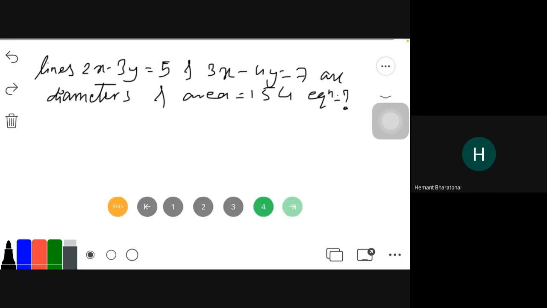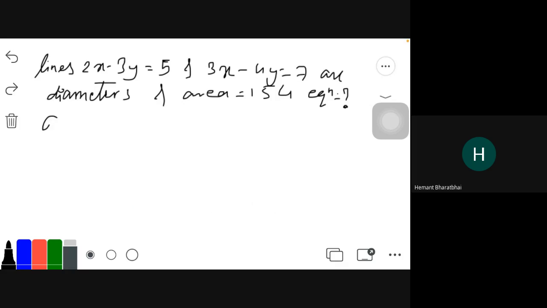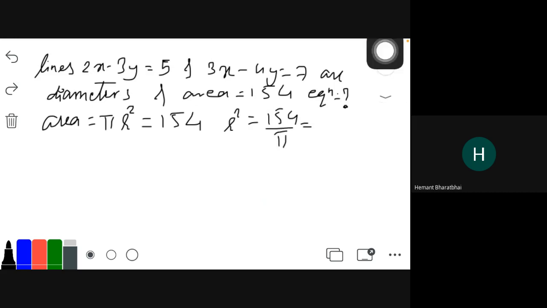So from where will I get it? Area equals pi r square, which equals 154. So from here I'll get r square equals 154 by pi. I can take the value of pi as 22 by 7 for calculation purposes. So 7 into 154 divided by 22.